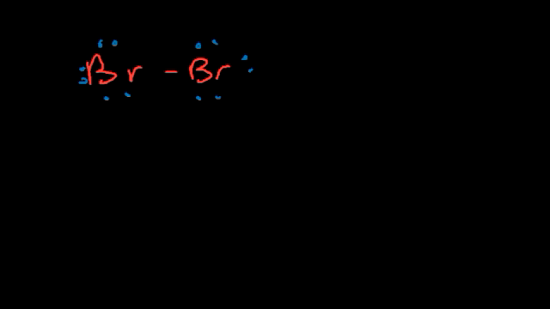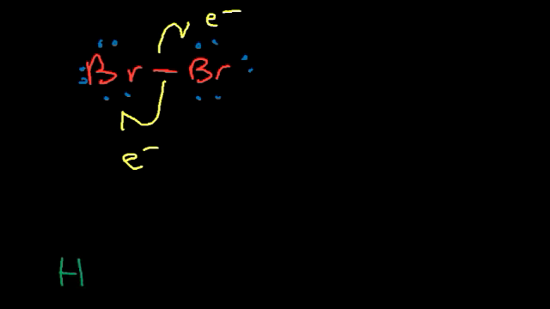And whenever you have two similar elements, or elements with the same electronegativity, when a bond breaks, both atoms are going to gain an electron. We need to use a half arrow to represent the flow of one electron. A full arrow represents the flow of two electrons. So the bromine on the left is going to get one electron, and the bromine on the right is going to get an electron.